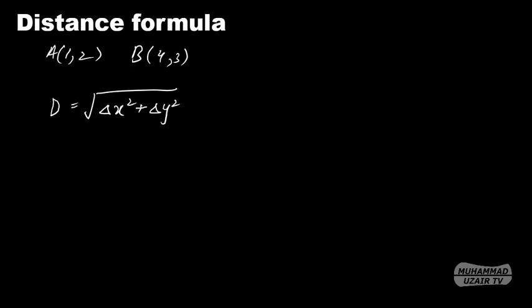Let's suppose this is x1, this is y1, this is x2 and y2. So here delta x will be equal to x2 minus x1, 4 minus 1, which is equal to 3.